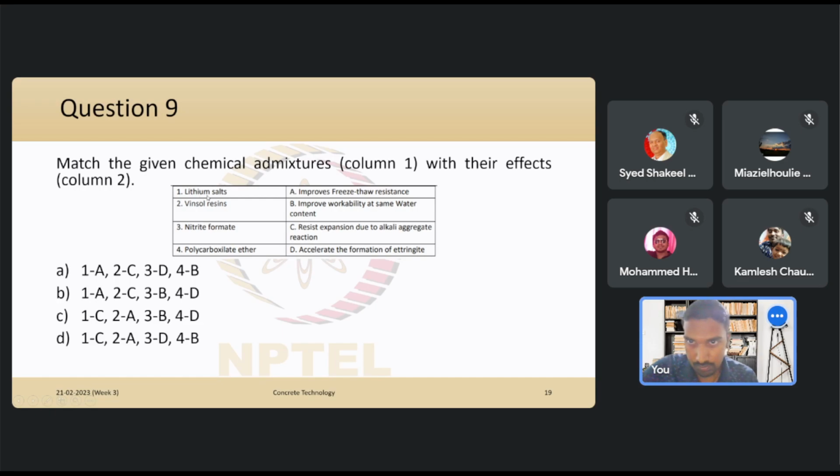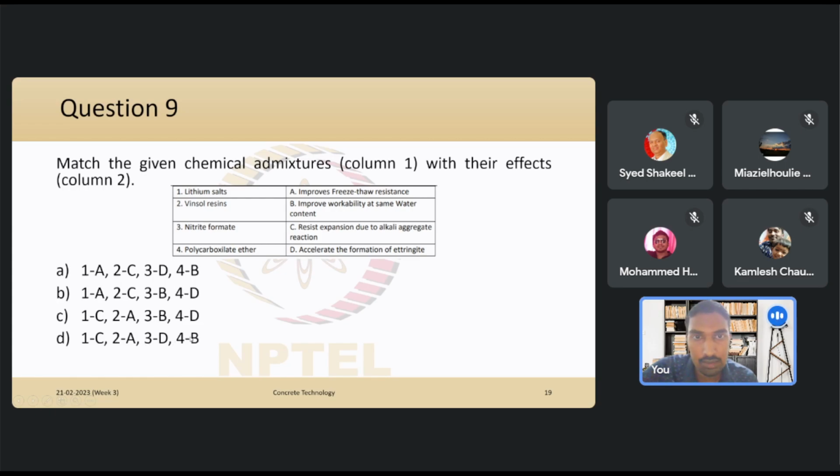Okay, so we have lithium salts, winsol resins, nitrite formate, and polycarboxylate ether as the admixtures, and then 4 effects: improves the freeze thaw resistance, improve workability at same water content, resist expansion due to alkali aggregate reaction, and accelerate the formation of etching, right? So 4 different matchings are given.